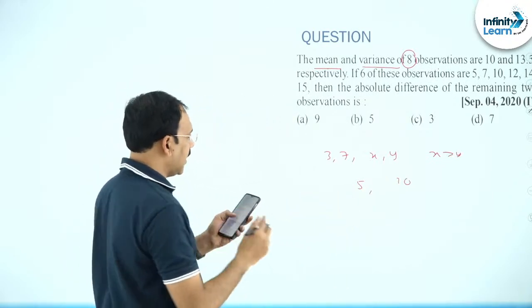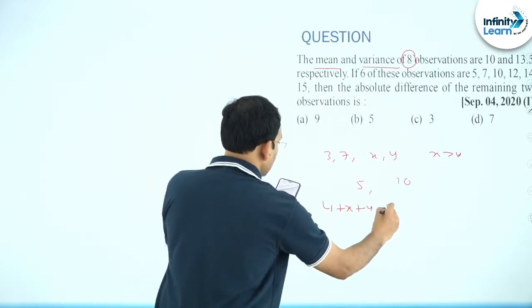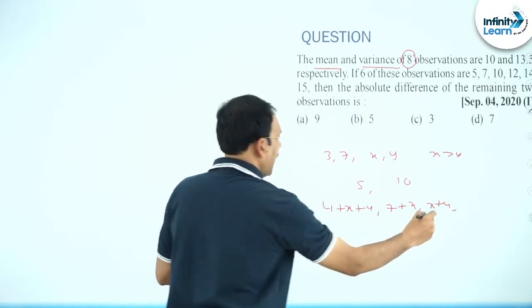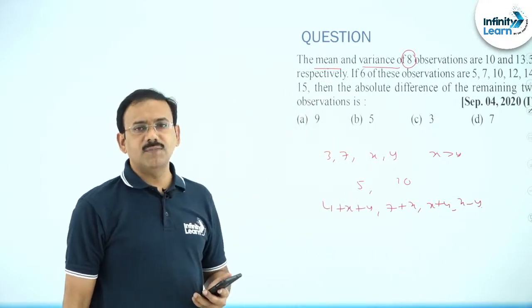Find the mean of the observations 4 plus x plus y, 7 plus x, x plus y, x minus y. That is the thing. He is asking the mean of the new observations.